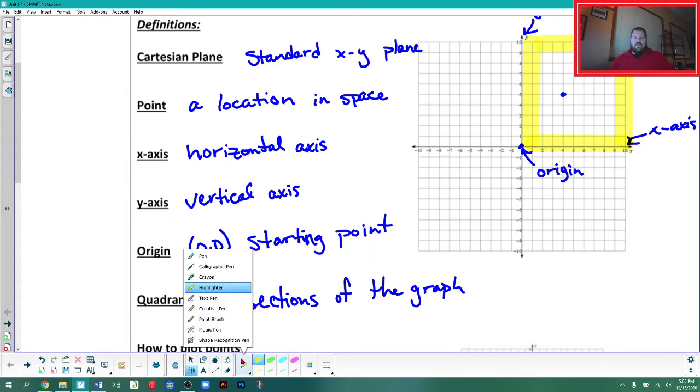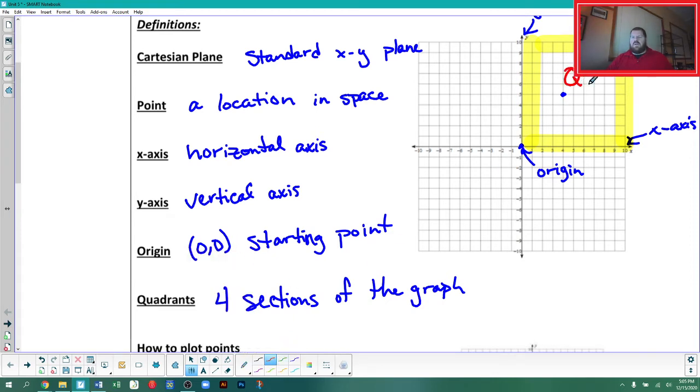This whole region here is the first quadrant where everything is positive. We can call that Q1. We use Q for quadrant and then the Roman numerals 1 through 4. All points in this quadrant have a positive x value and a positive y value.